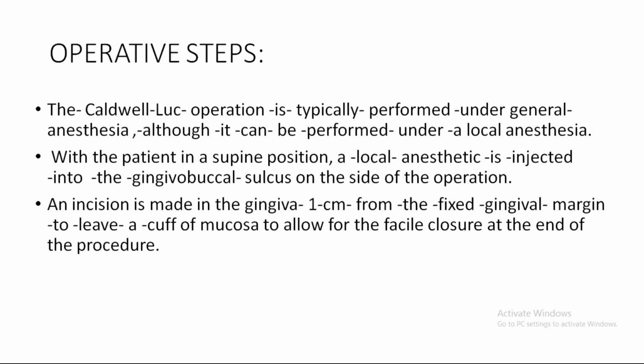Lateral incisor to second molar is the incision. Third molar we don't go, I told you, because the root of the third molar will be very much in close association with the maxillary sinus. So you stop near the second molar.